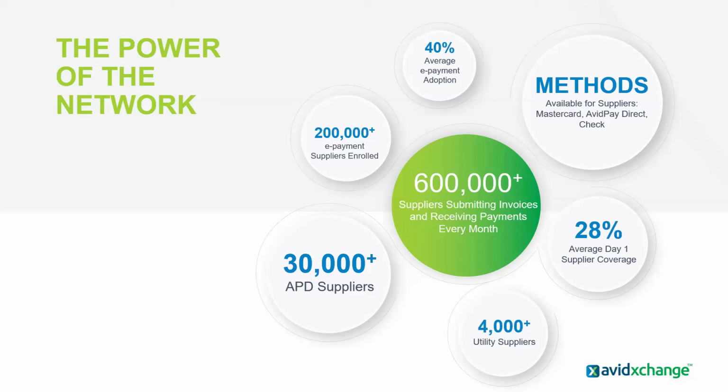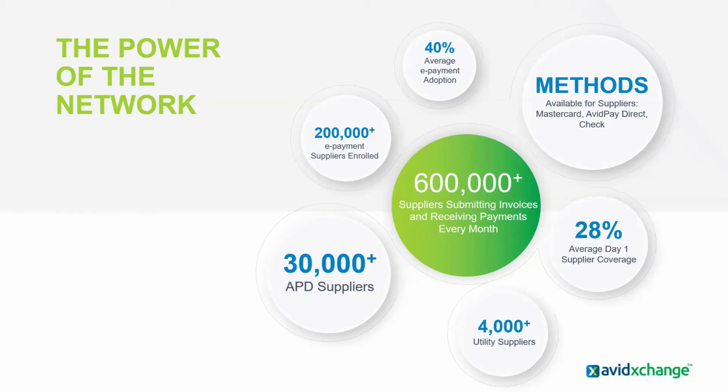There are different methods available for suppliers. We have MasterCard, so we spin up a one-time use virtual card as a form of e-payment. It's in the amount that the payment is for. They can only use it one time. AvidXchange users don't establish credit with us, so there's no hit to your credit. Again, it's because of the relationship we have with MasterCard, we're able to spin up a one-time use virtual card spend.